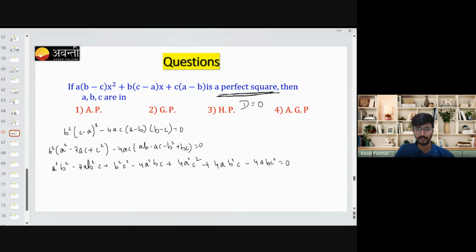Correct. Now let's see what we have here. Are there some like terms? ab square c, ab square c. Okay.